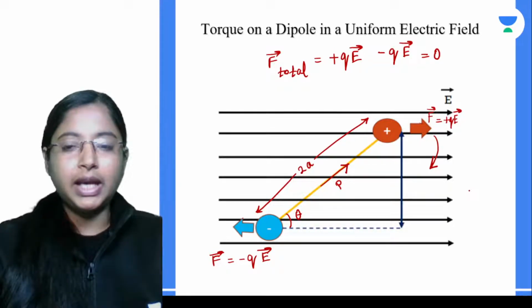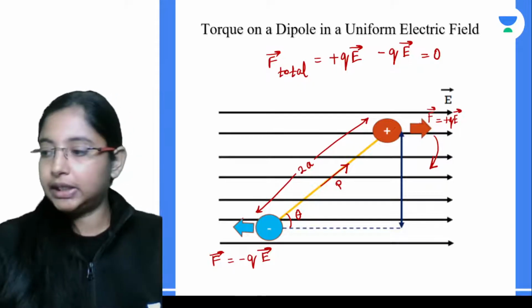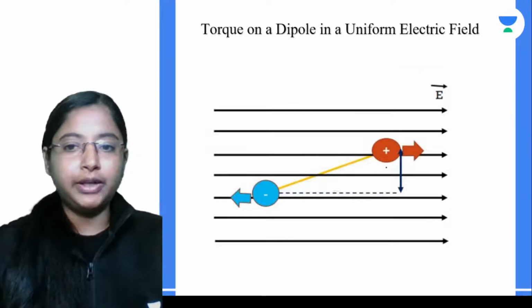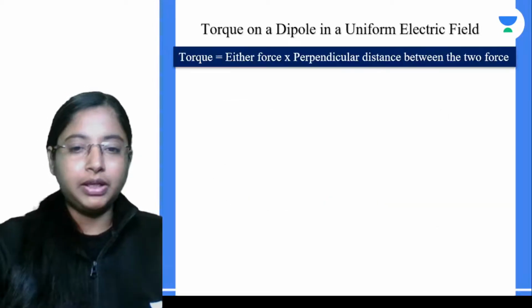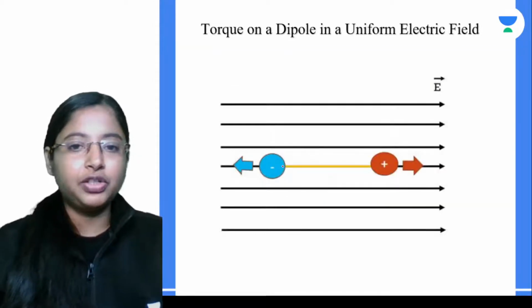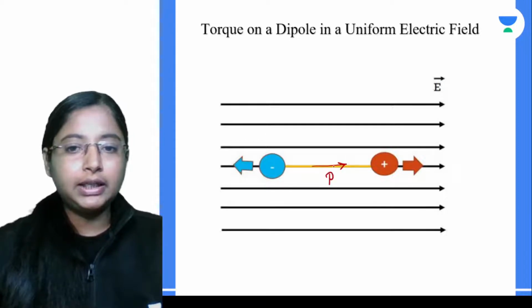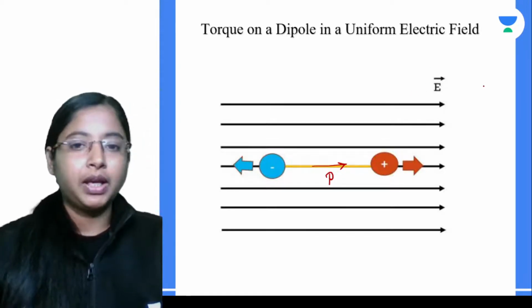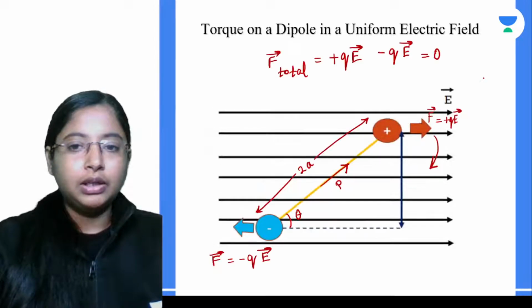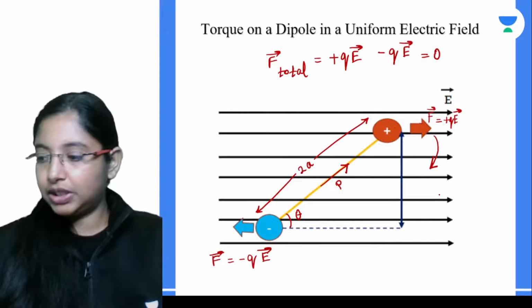If you keep this dipole at an angle, it will tend to turn till the dipole moment becomes parallel to the electric field. Alright, so in this case we have the force times the distance.